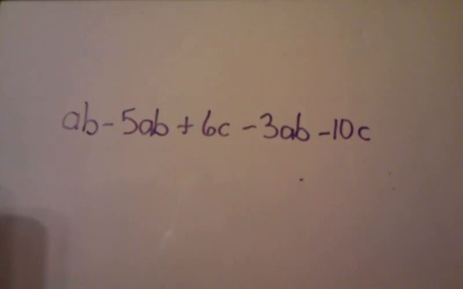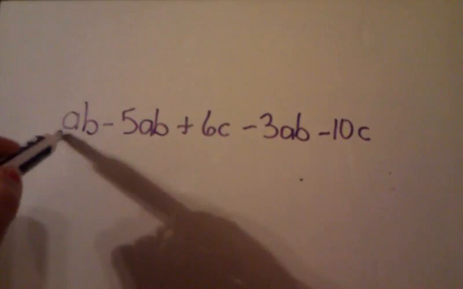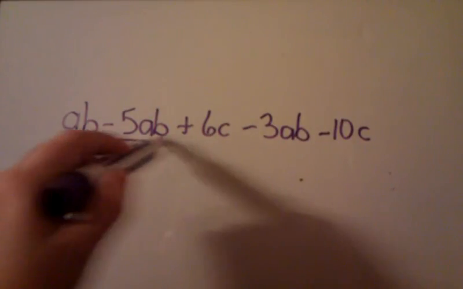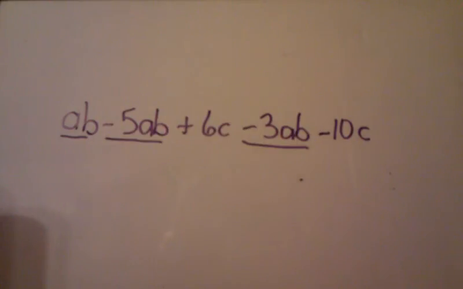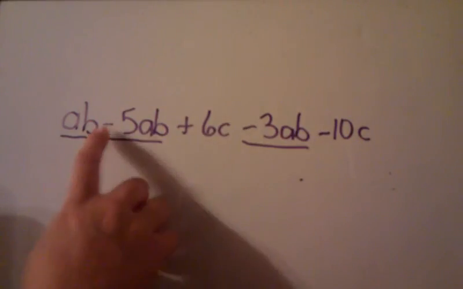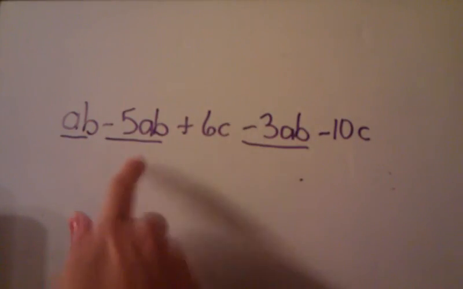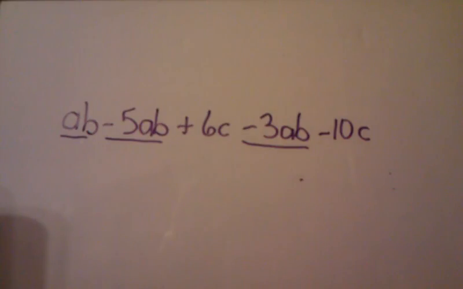Okay, let's see how we did. First of all, I'm going to underline all the like terms. Here's AB, this is AB, that's AB. Make sure when you underline the sign before it as well, because the sign goes with that term. Okay?